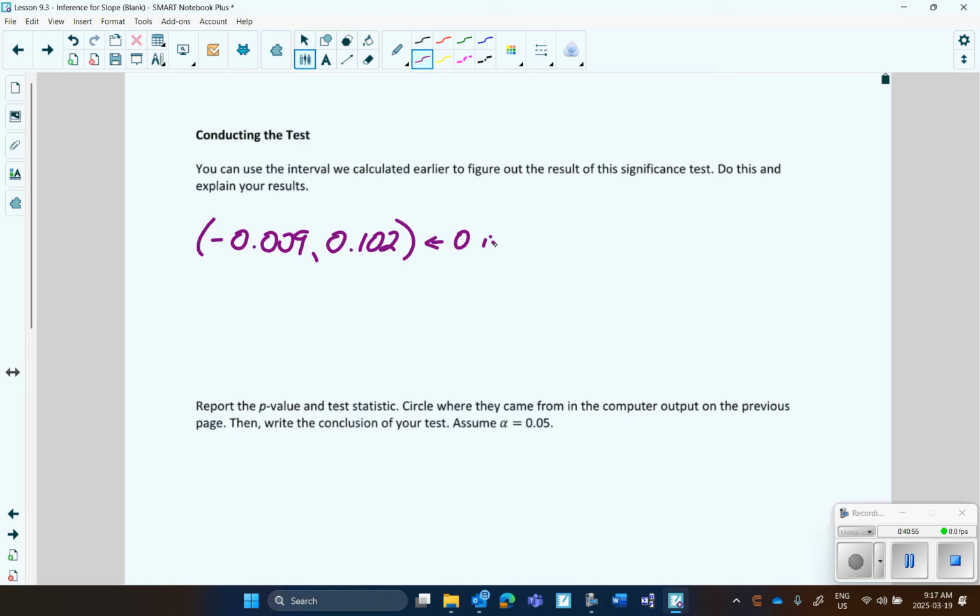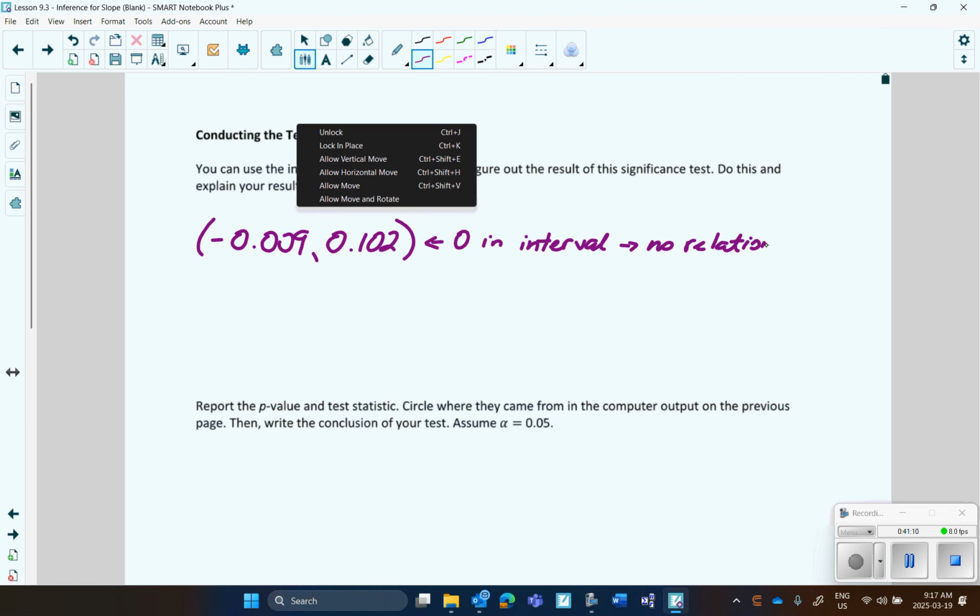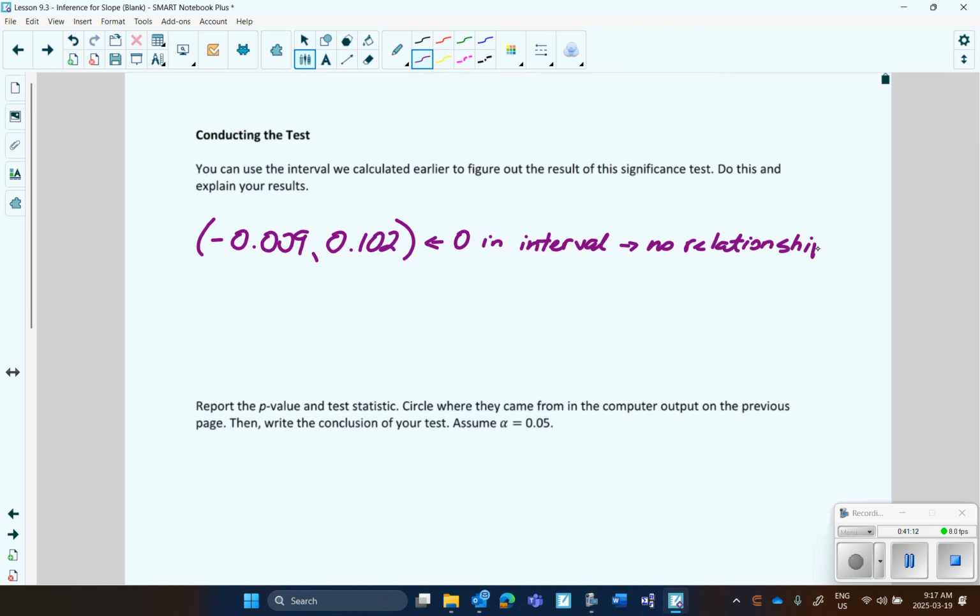Zero in the interval means no relationship. It's a plausible outcome.